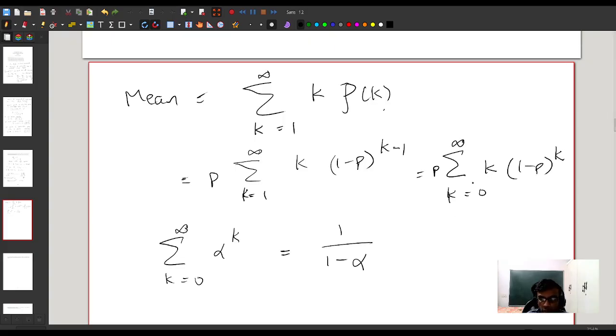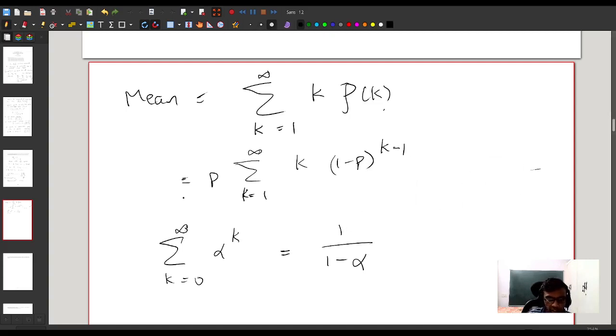The k equal to 0 term doesn't contribute anything anyway, so we can add it. Let's just keep it like this anyway. We'll come to that.